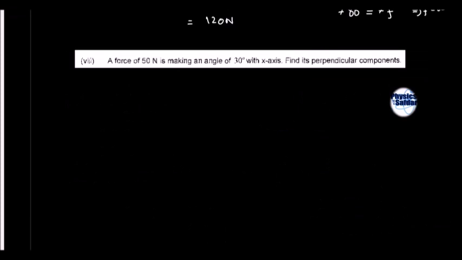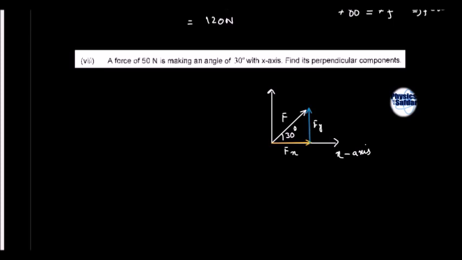Now question number 8 from section B. The question is, a force of 50 Newton is making an angle of 30 degree with x-axis. Find its perpendicular components. First write the information given and required.